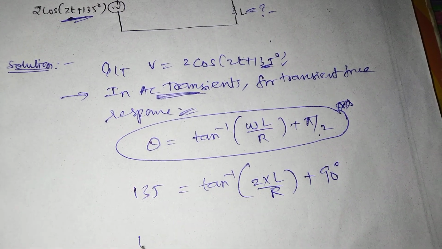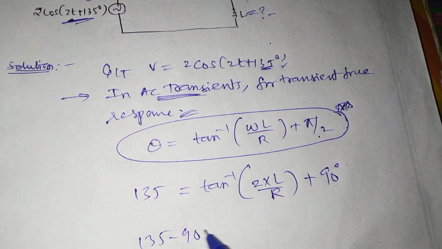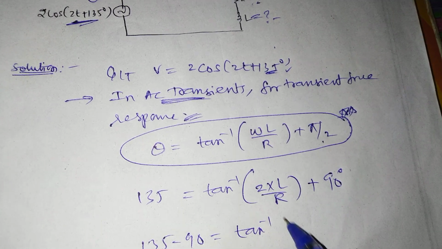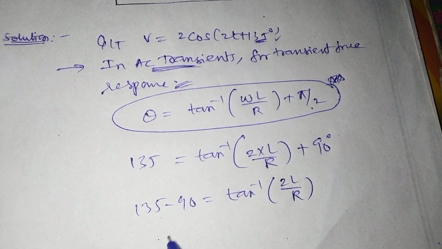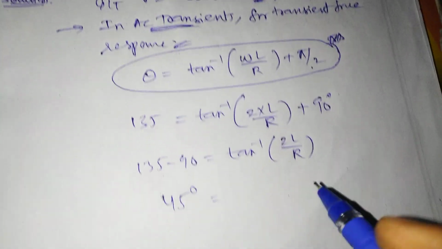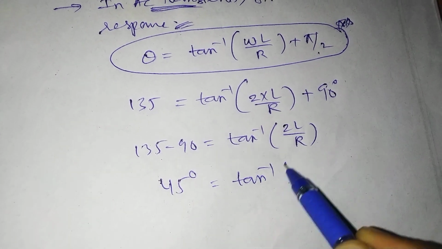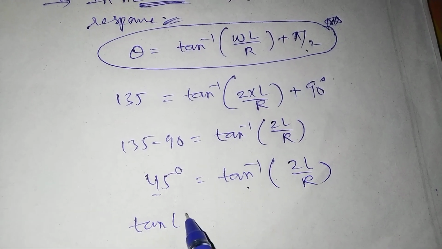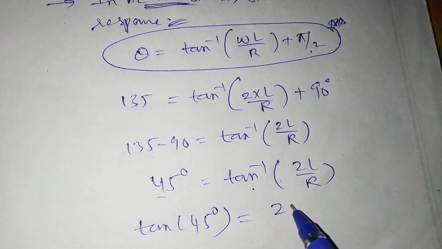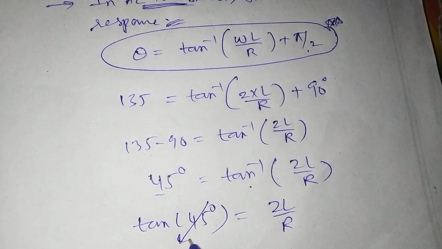So 135 minus 90 equals tan inverse of 2L by R. This becomes 45 degrees. Tan inverse of 2L by R equals 45 degrees, so 2L by R becomes tan 45, which is 1, right?